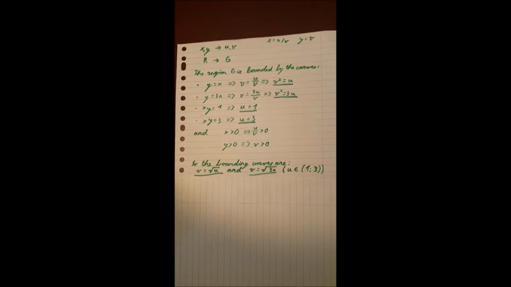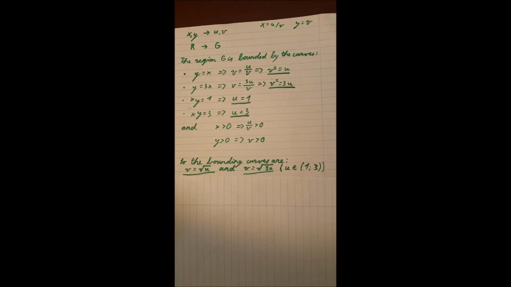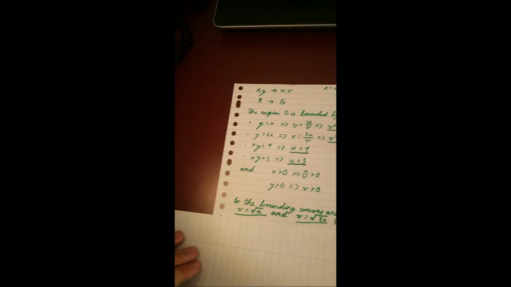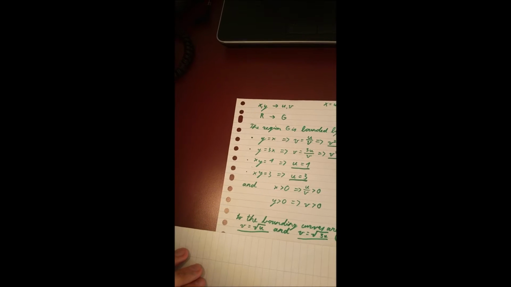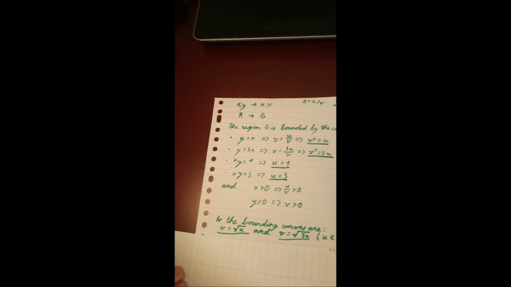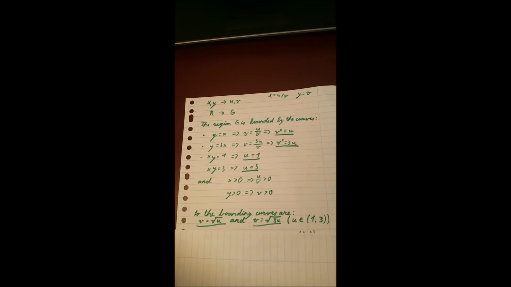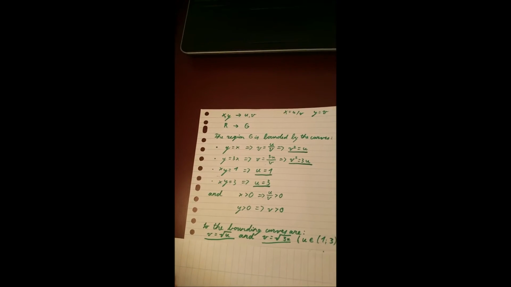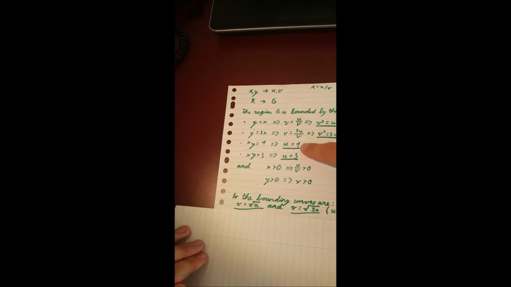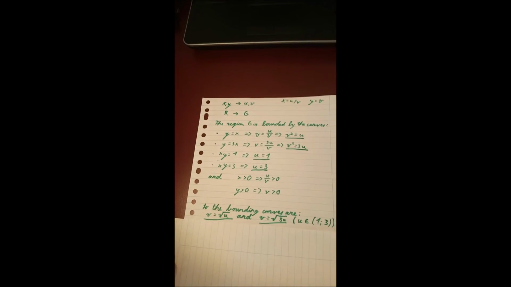According to this we can find the boundary curves. They are found according to this formula, and then you just say v is the square root of u. Well, that's just, I hope, common sense. The same applies for this one. And then u is between 1 and 3 according to the values we found.